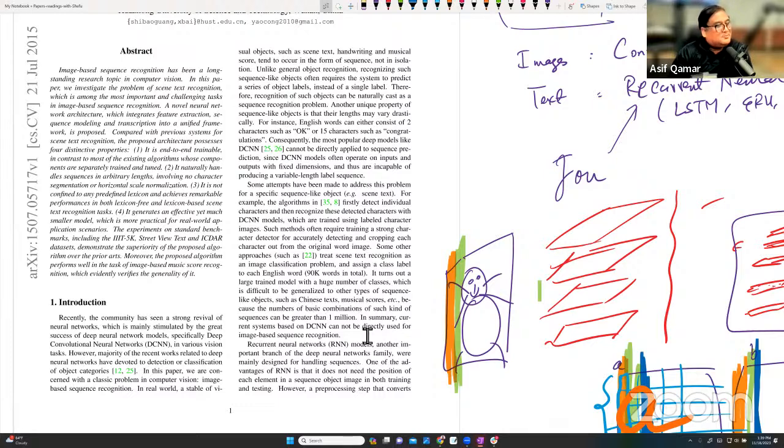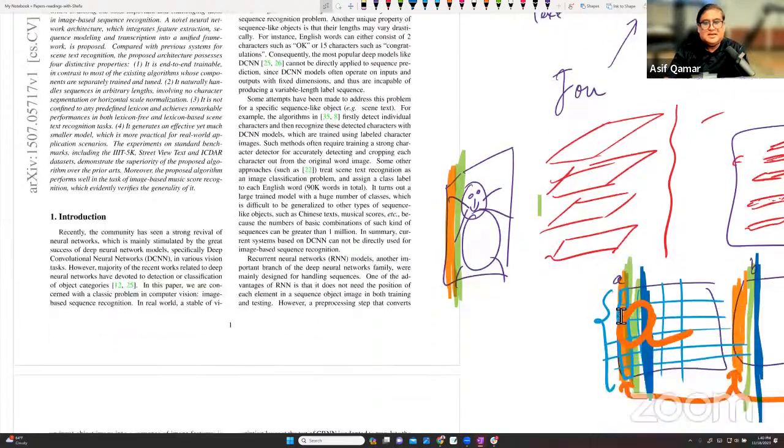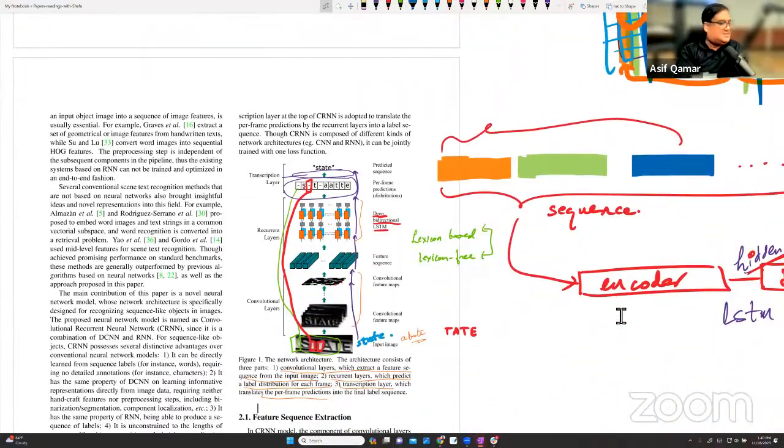That is it. And the third point is, it is not confined to any predefined lexicon and achieves remarkable performance in both lexicon-free and lexicon-based scene text recognition tasks. Which means that, once you reach this stage, you already have a recognition.